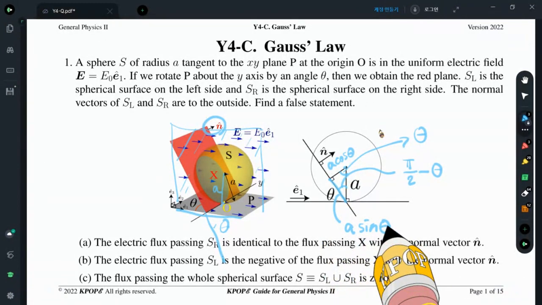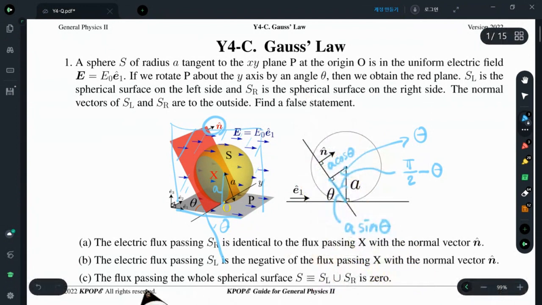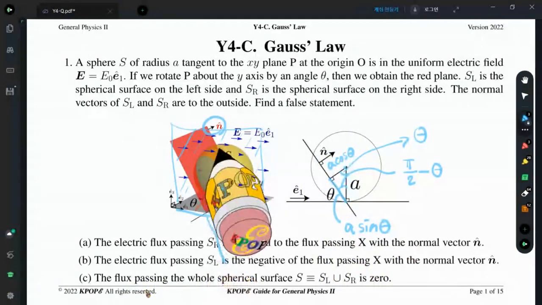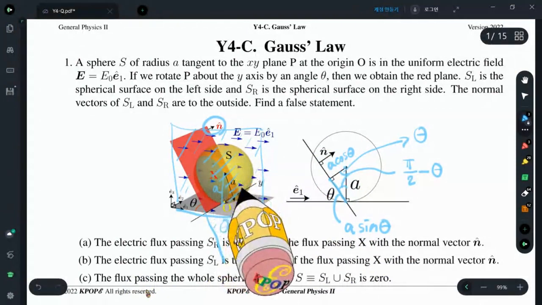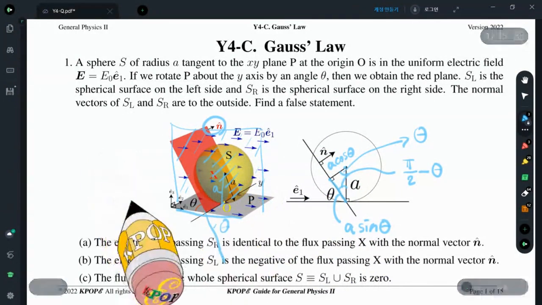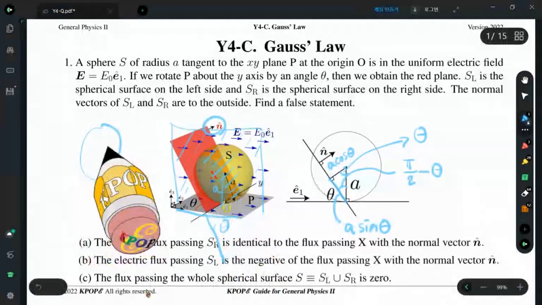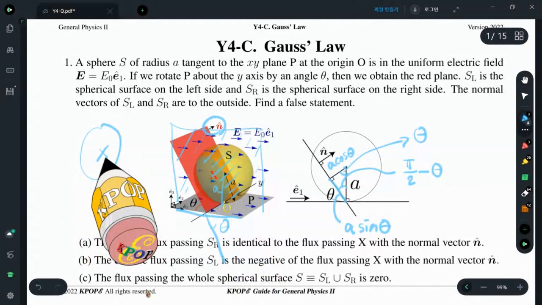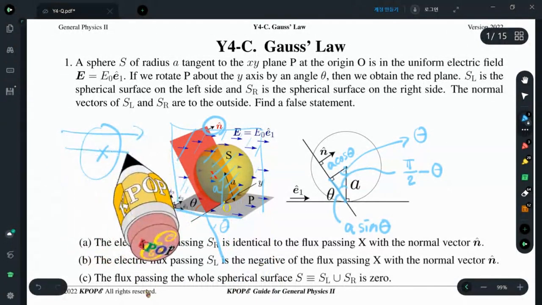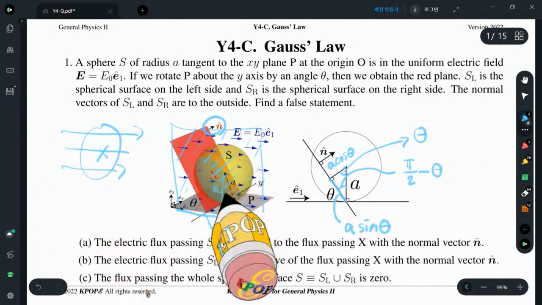Now we are ready to solve the problem. Electric field flux passing SR. SR is on the right side. So there is a cross-sectional area X. Electric field is passing in here.